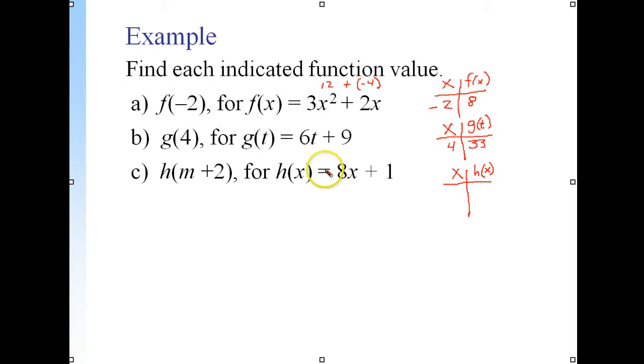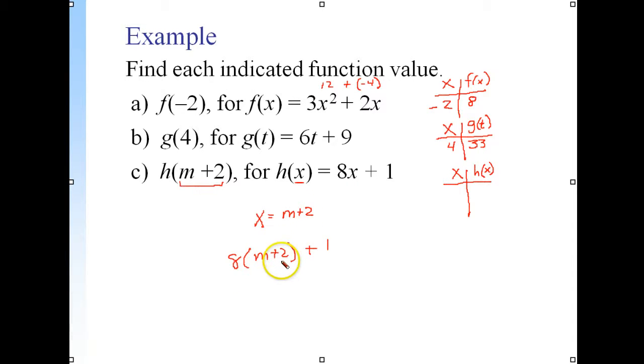All right, this one's a little tricky. So here is the function notation, but they're defining x here in terms of m plus 2. That's the value. So here where we have 8, we say our x is m plus 2.